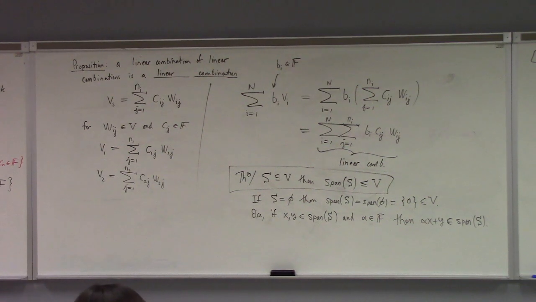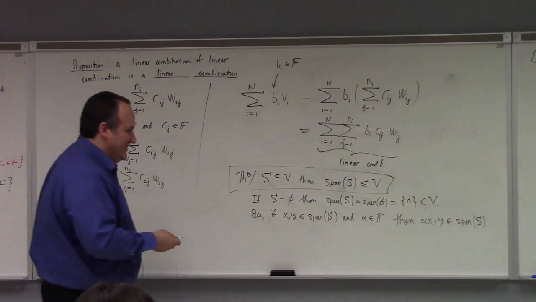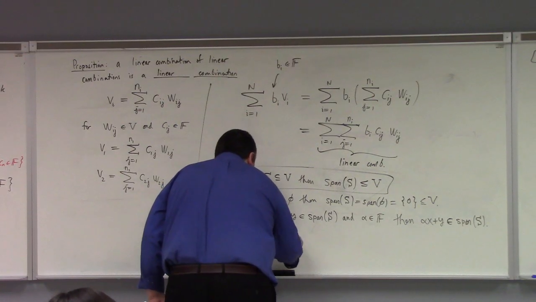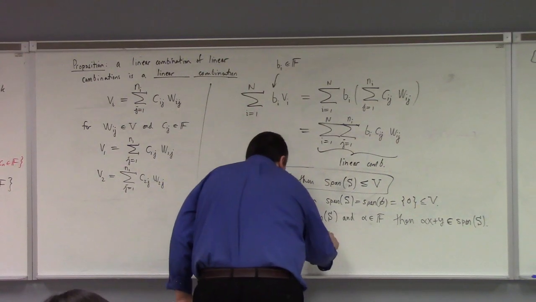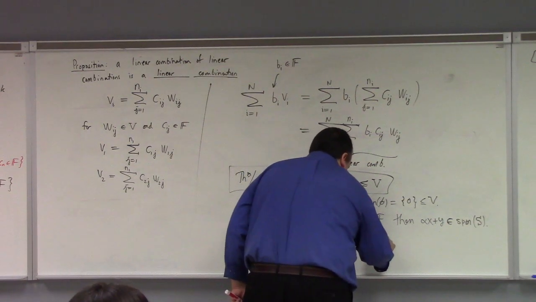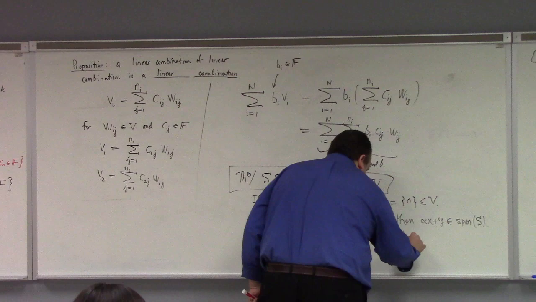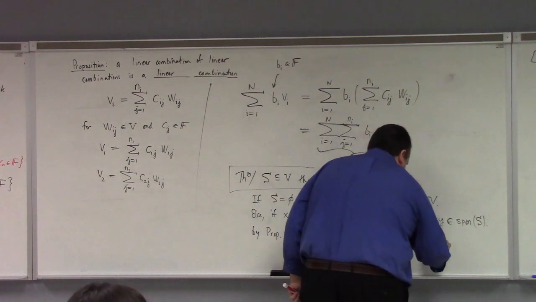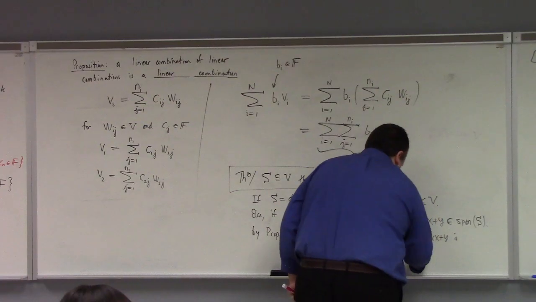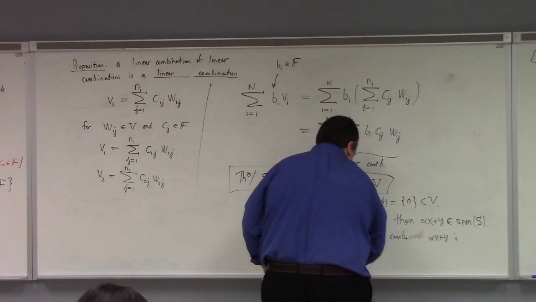Because x and y are linear combinations by assumption, and that is a linear combination of the linear combinations x and y, so by the proposition. Well, let me just leave it at that. I think saying more doesn't really help.